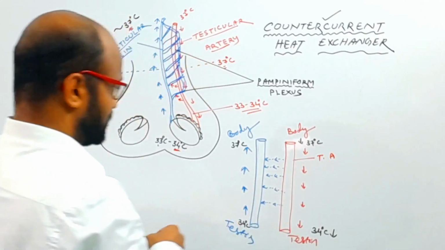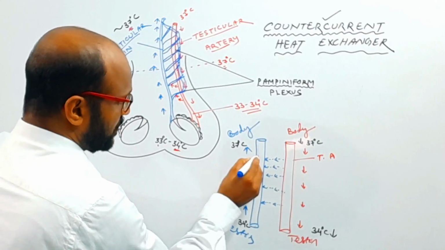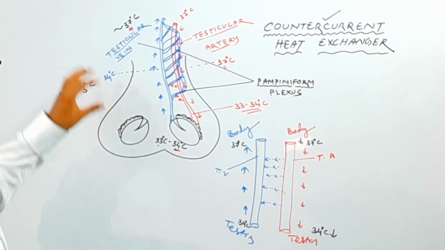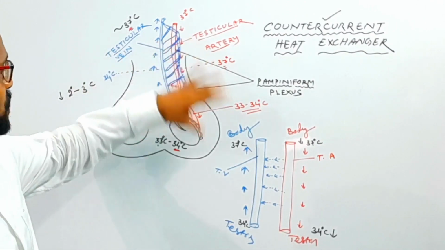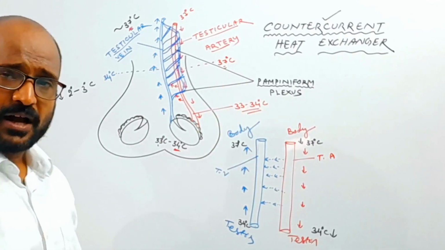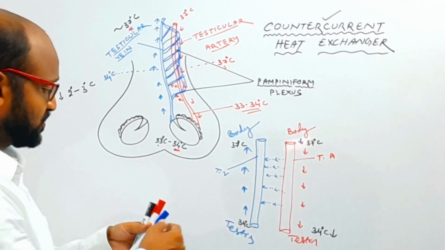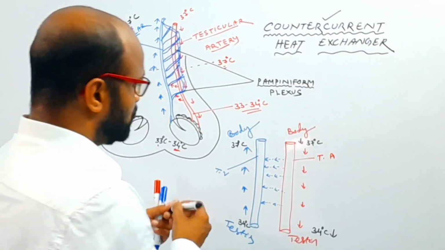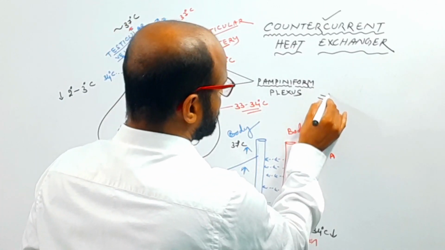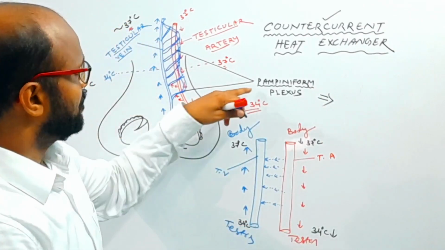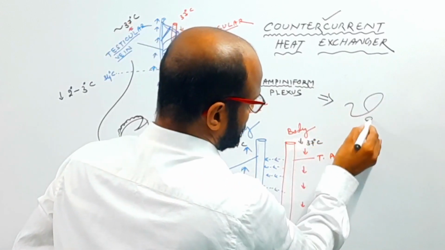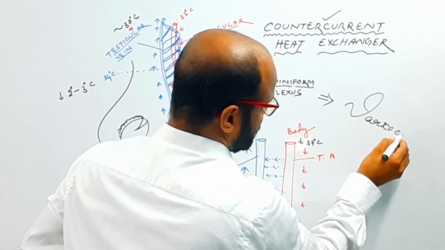So this is the testicular artery, and this is the testicular vein, and the branches of the testicular vein around the testicular artery are known as the pampiniform plexus. The abnormal enlargement of the pampiniform plexus, or the veins of the pampiniform plexus, is known by the medical term varicocele.